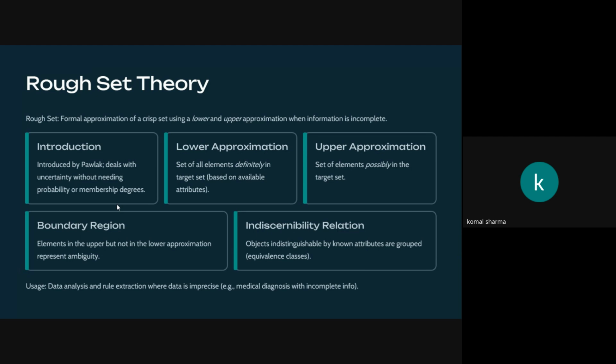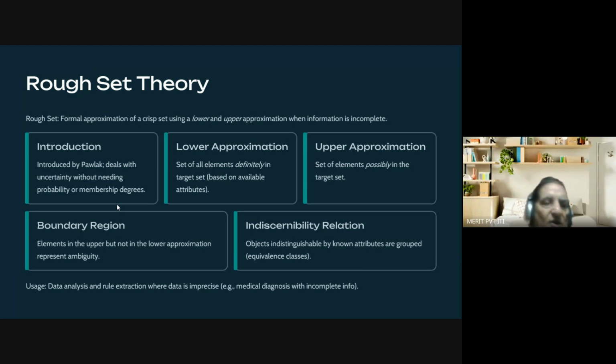Okay fine, so now rough set theory. It was introduced by Pawlak and deals with uncertainty without needing probability or membership degree. Lower approximation: the set of all elements definitely in the target set based on available attributes.